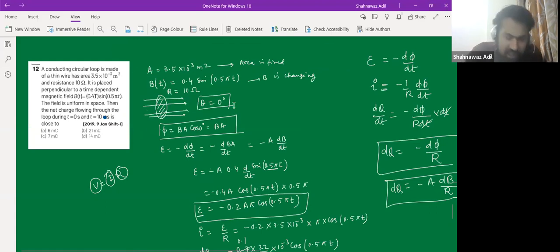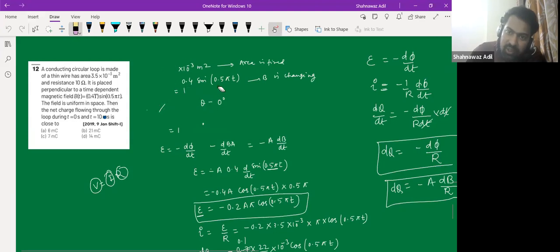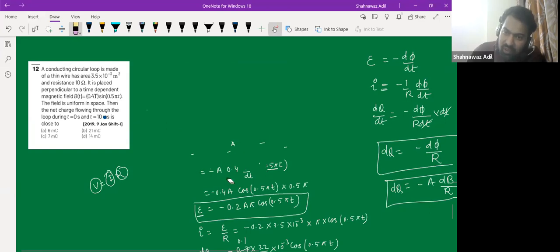Yeah, so we had this, right? And we have to calculate the charge in this. To calculate the charge, we always have to remember that we use a different formula.